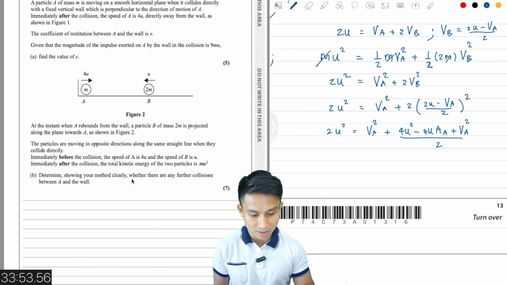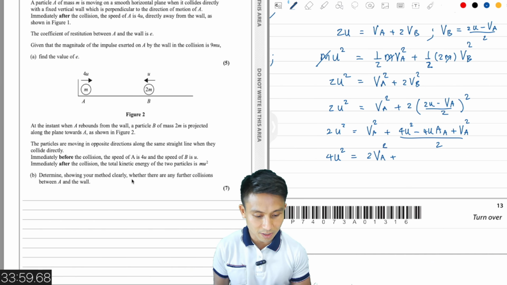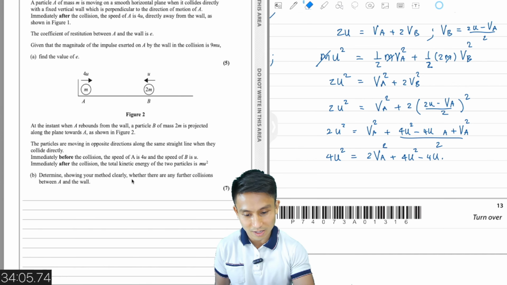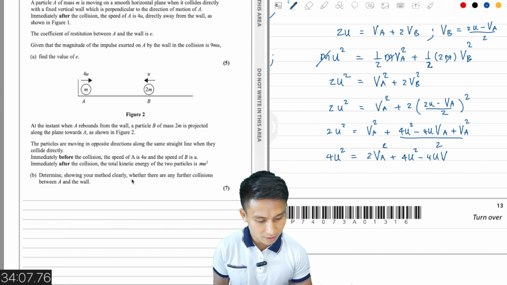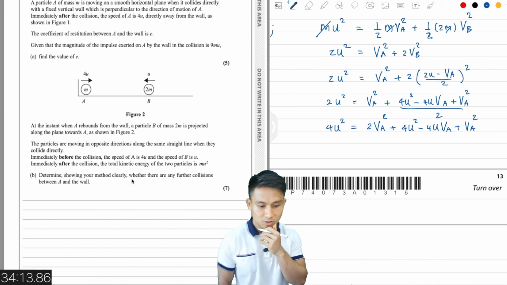I'm just checking while I talk. If you multiply out by 2, you get 4u squared equals 2VA squared plus, this will be simplified to that. Wait, that should be VA, not AA. Okay. Don't forget we solve for VA. So this is quadratic.